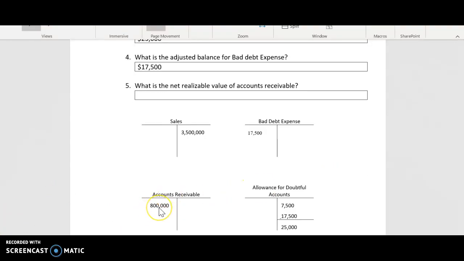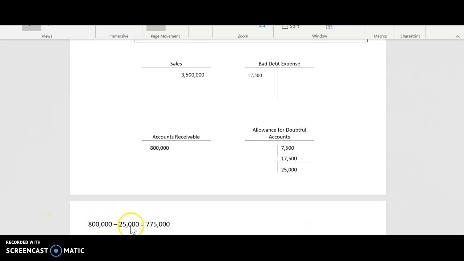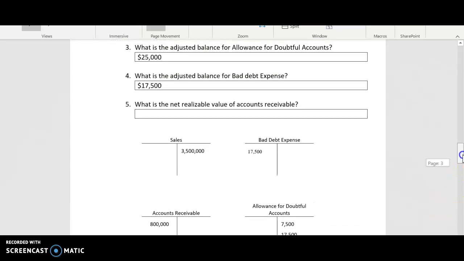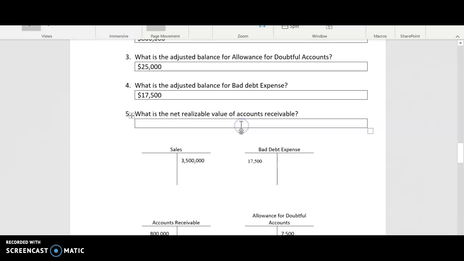The net realizable value is your accounts receivable minus your balance in your allowance for doubtful accounts. So if I do 800,000 minus 25,000, I would get 775,000. So that is the net realizable value: your accounts receivable balance minus your allowance for doubtful accounts balance. And that is how much I think I'll actually get from my accounts receivable.